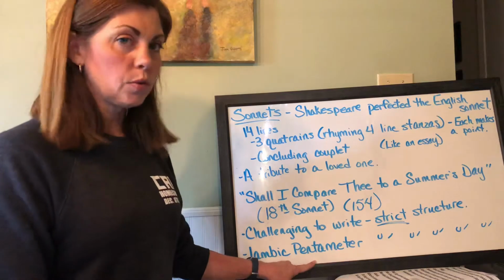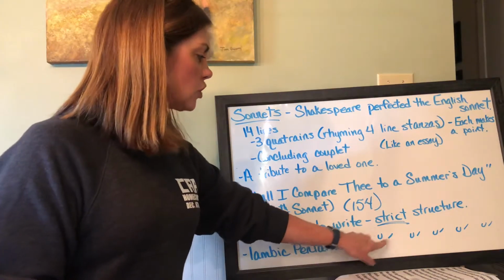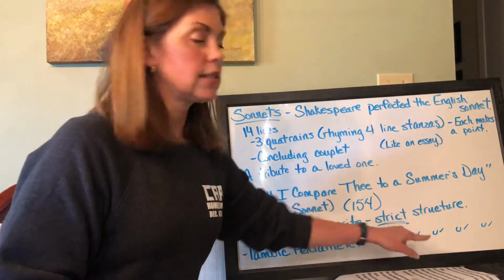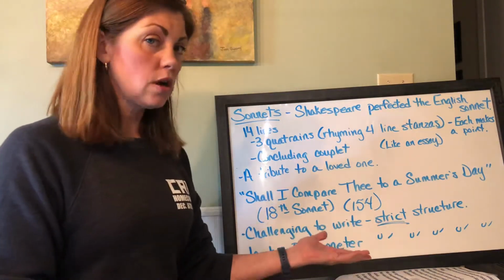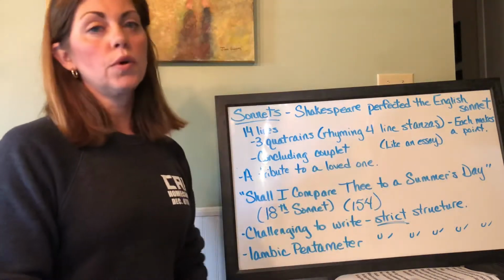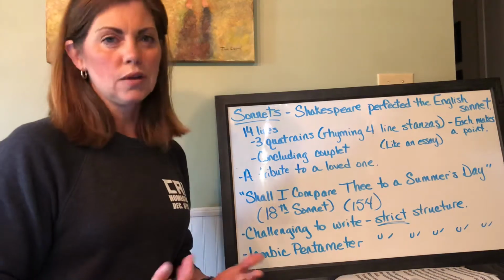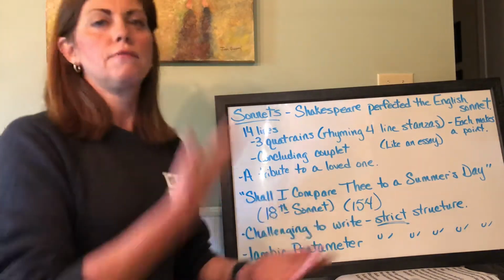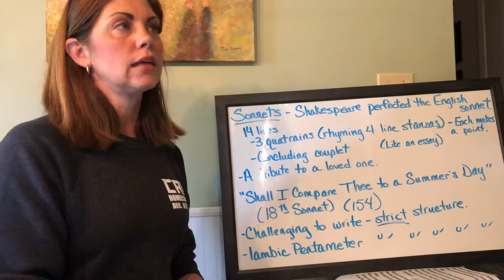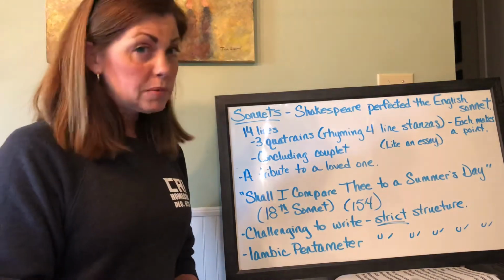So this is an iamb, where you have unstressed, stressed. And this is close to the way that we normally talk. So it's da-DUM, da-DUM, da-DUM, da-DUM, da-DUM, if you wanted to do it really rhythmically. But usually when we read poetry, we just read it. We don't try to make it fit a rhythm like you would with a nursery rhyme or something like that. Although it is tempting to do that.